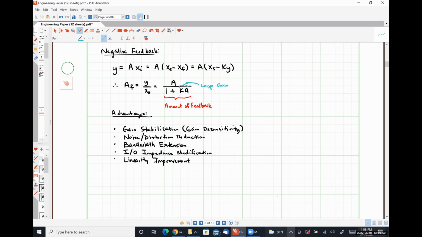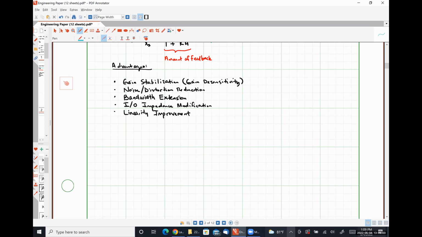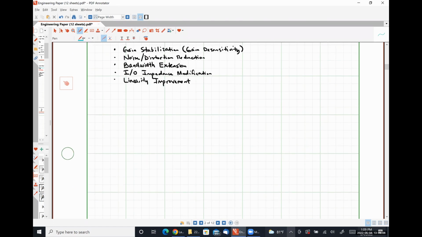For very large loop gains where Ka is much, much greater than 1, so I'm going to come down here below what I've written.